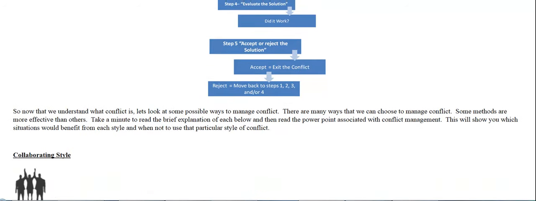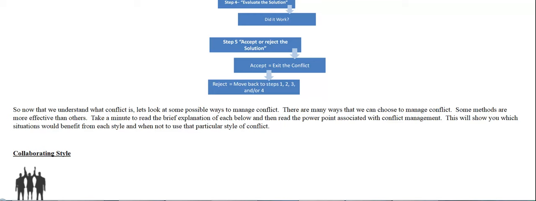So now that we understand what conflict is, let's look at some possible ways to manage conflict. There are many ways that we can choose to manage conflict, and some methods are more effective than others, depending upon a circumstance. So take a minute and listen to the brief explanation of each of the conflict management styles below, and then go and check out the PowerPoint that is associated with conflict management.